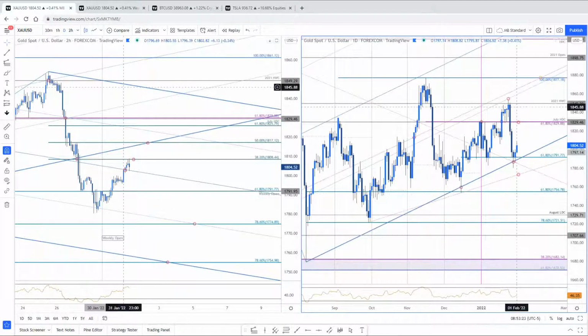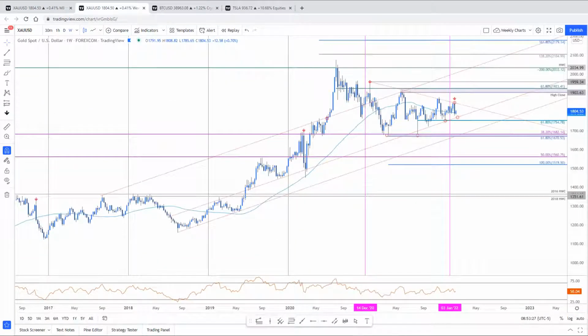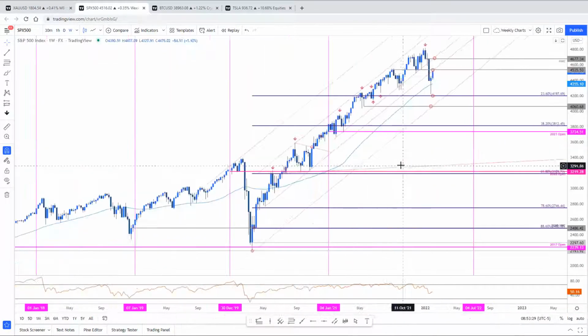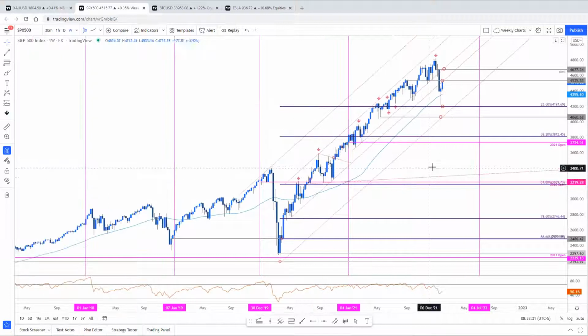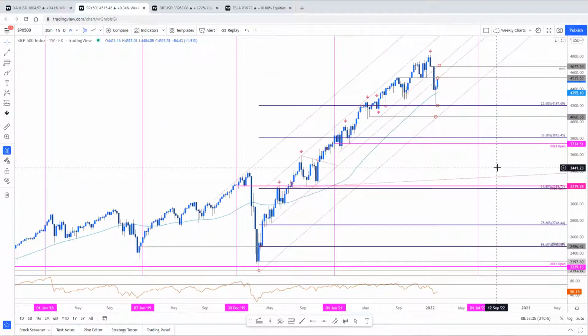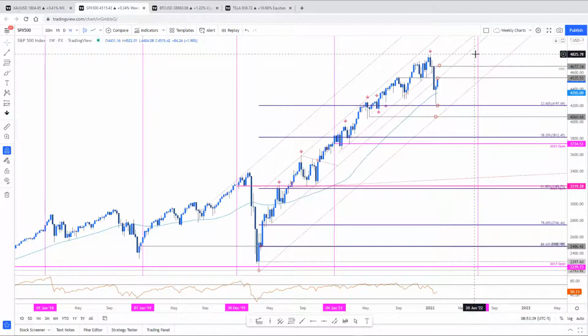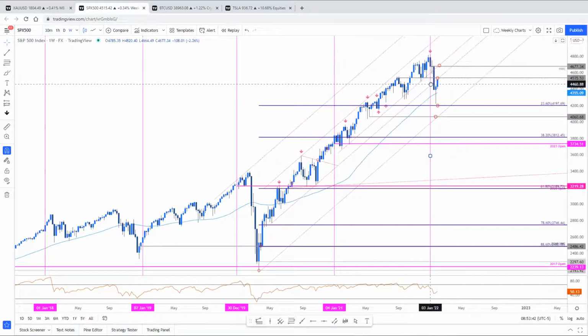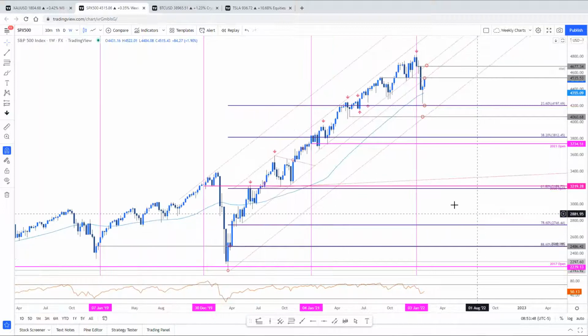So S&P, here's what it looks like. Man, oh man. You already got guys on Twitter saying V-shaped recovery and all this nonsense. Look, here's the weekly chart. Very similar scenario here. Right into the start of the year, we talked about that outside reversal off the highs, which put a gloomy look right into the start of the year.